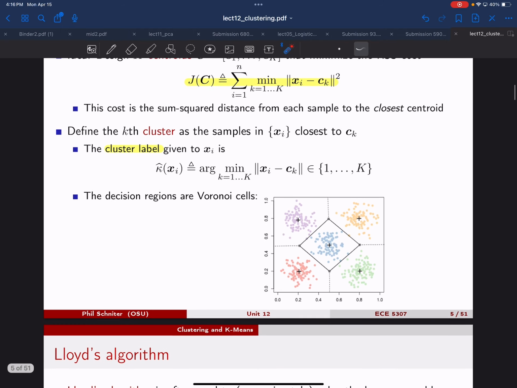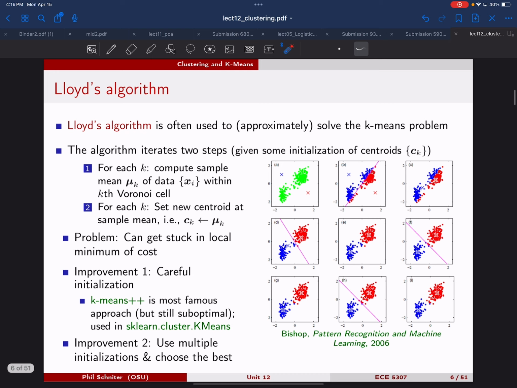So basically, in practice, what you do is you use an approximate algorithm called Lloyd's algorithm, which is the most famous one to solve this problem. It's quite an old algorithm, and it's very simple. It just iterates 2 steps. Let's say we're given some initialization of the centroids, maybe a very bad one, and then we're just going to iterate these 2 steps.